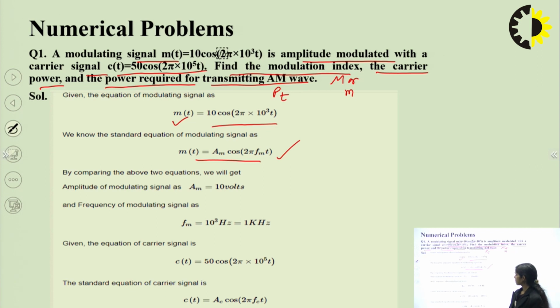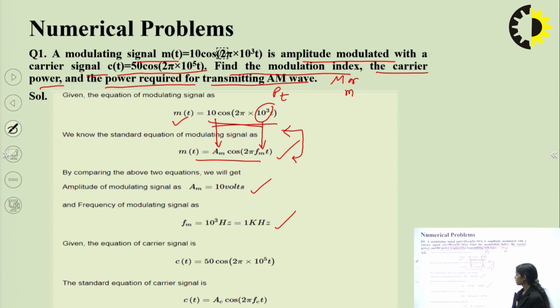So this is m(t) we have been given here. By comparing this with the standard equation, we will obtain Am as 10 and fm as 10^3. So Am will be 10 volts, fm will be 10^3, that means 1 kilohertz.